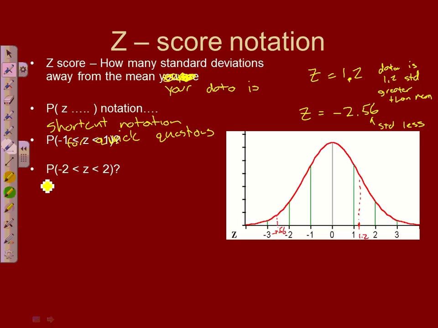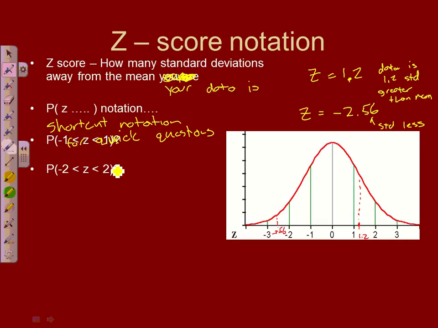For example, P parentheses negative 2 less than z less than 2. This is a shortcut way of saying what is the percentage of your data that is between negative 2 standard deviations away from the mean, or 2 standard deviations less than the mean, and 2 standard deviations greater than the mean.